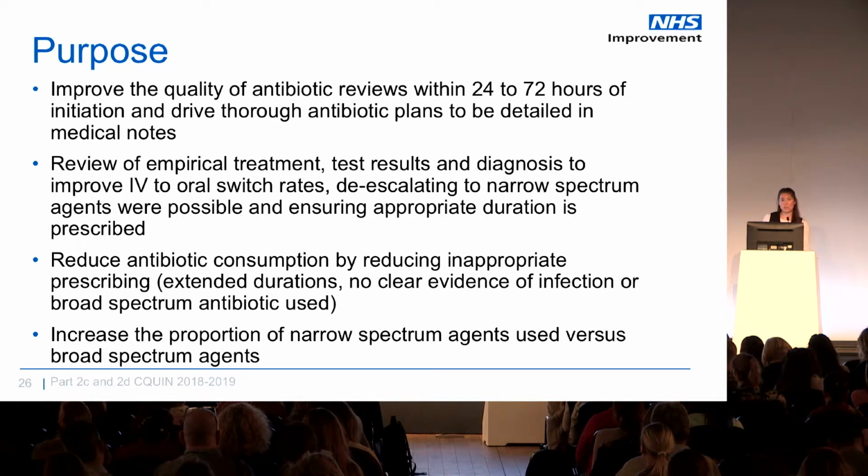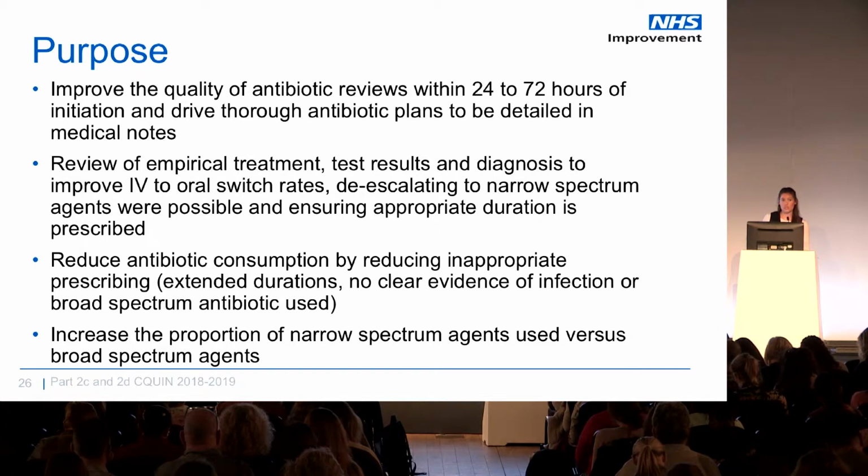So the CQUIN will help ensure that these 24 to 72-hour reviews for each antibiotic will help reduce inappropriate prescribing. We should also be thinking about altering the proportion of antibiotics that we're currently using. So, for example, reducing broad-spectrum antibiotics and increasing narrow-spectrum antibiotic treatment.